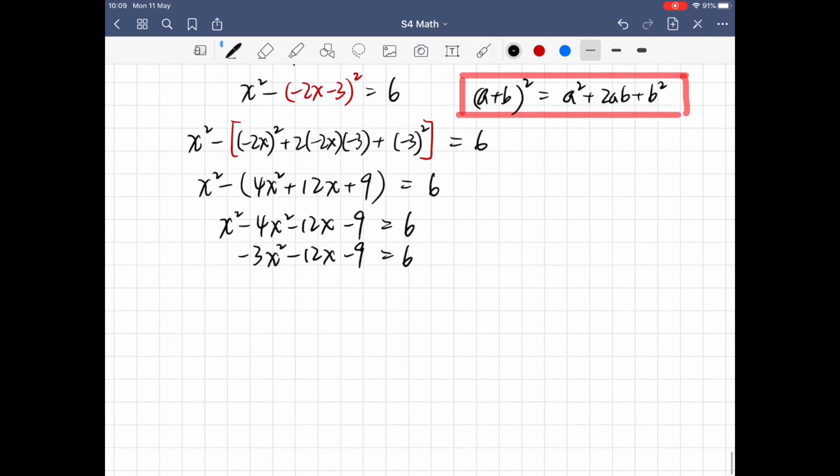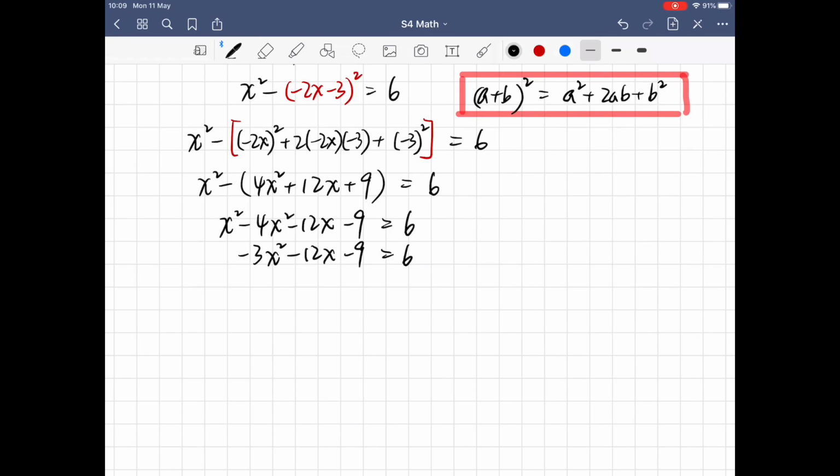Okay, then we have to put all the terms back onto the right hand side. So we make the left hand side to be 0, and we have 3x squared plus 12x plus 9 plus 6.